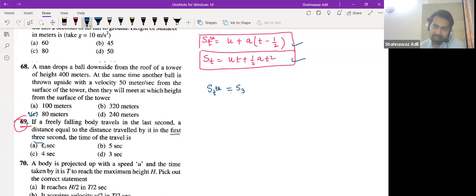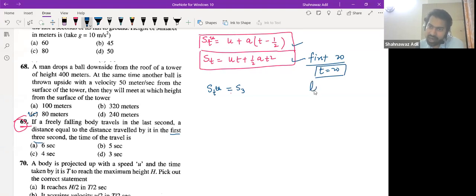So first 3 seconds means that t equals 3 seconds. If I say first 20 seconds, it means t is equal to 20 seconds, right?